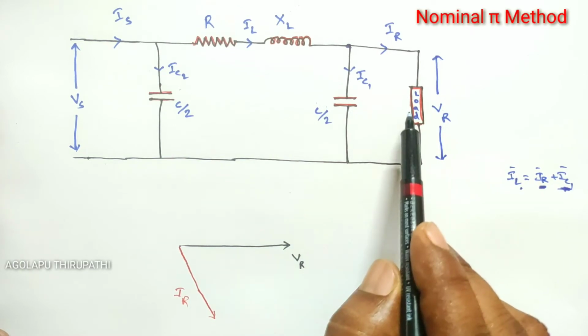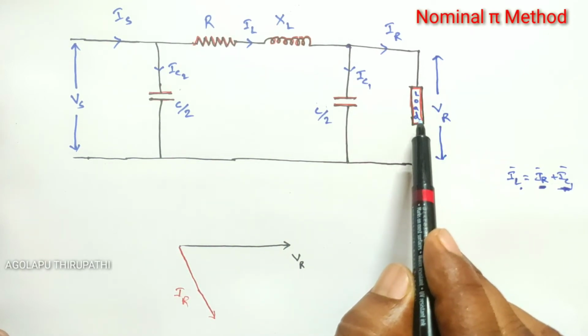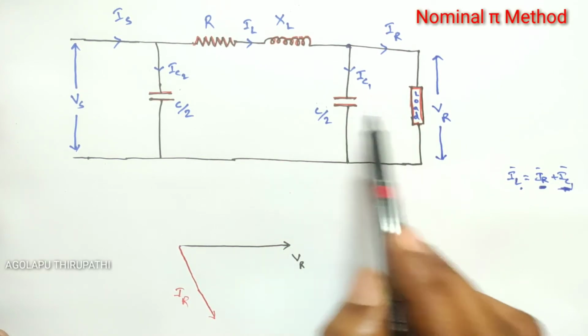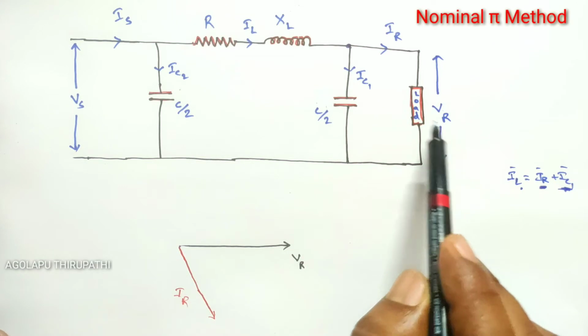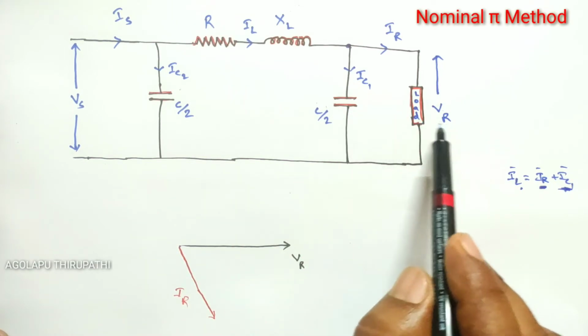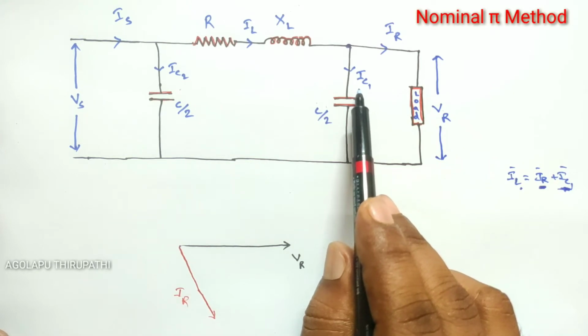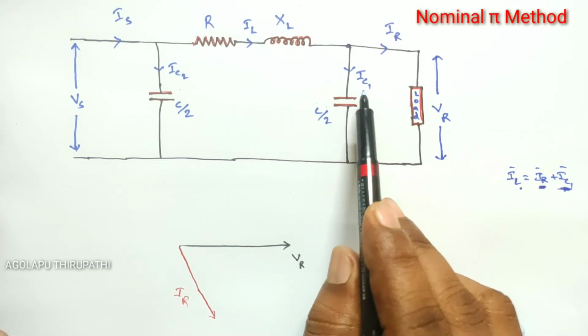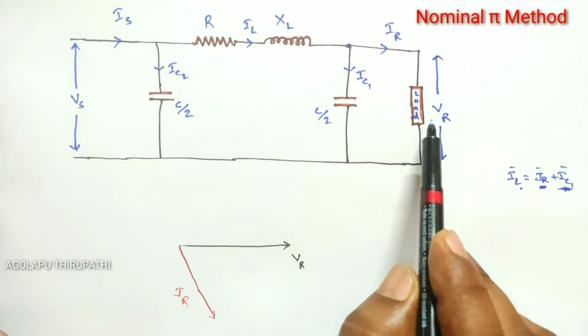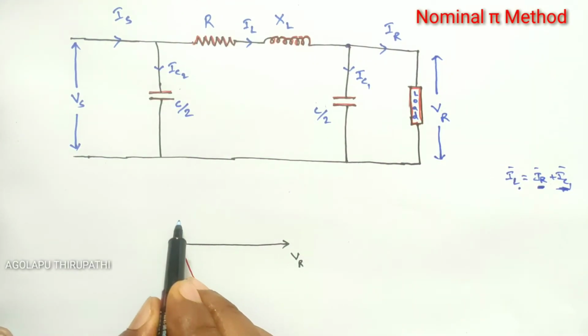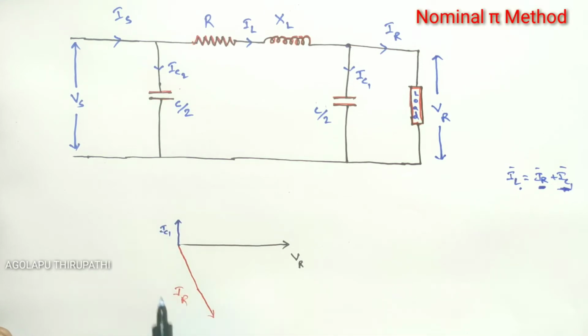In a parallel condition, the voltage is the same, right? So the voltage across the capacitor is VR and the current is IC1. If you want to draw the IC1 vector, it should lead VR by 90 degrees. So it will be like this. This is IC1, right?